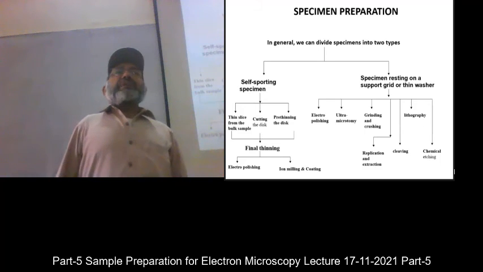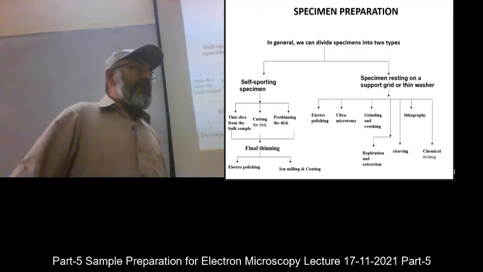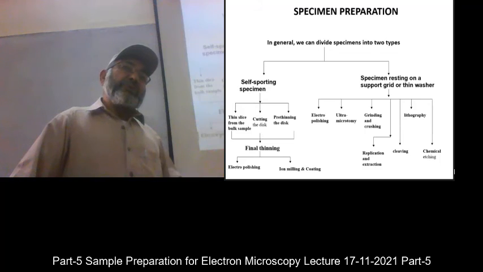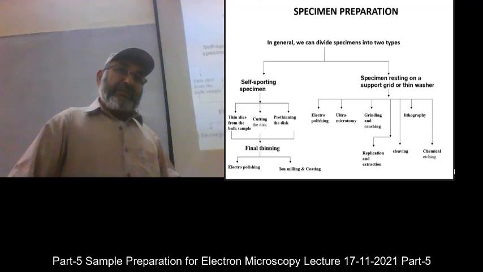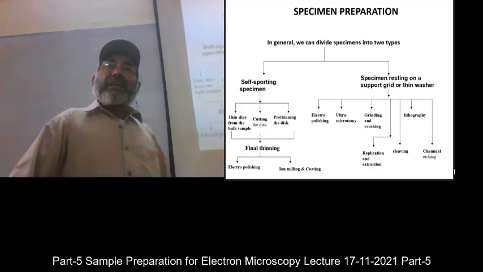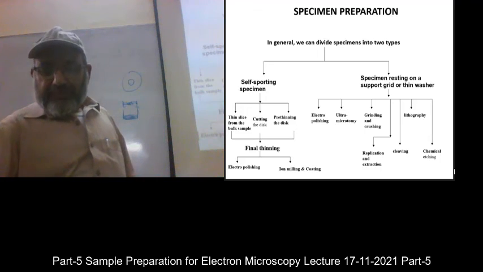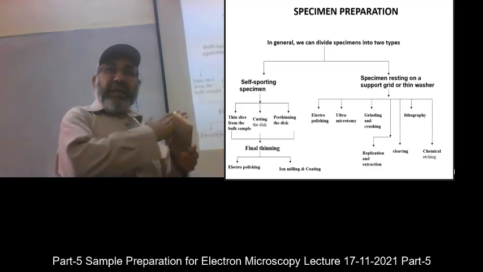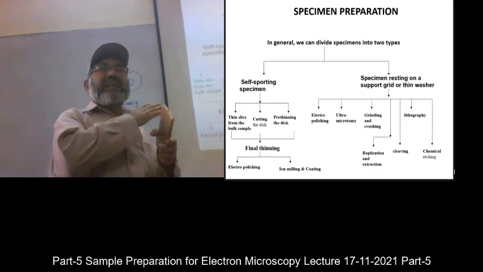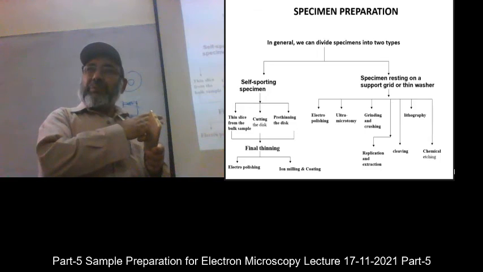All these techniques mean that you are making use of some chemistry of the solvents, and at the same time you are using a mechanical process, so thinning or slicing and different things are occurring. Now look, if you are cutting a sample mechanically, it makes the cross section very rough.